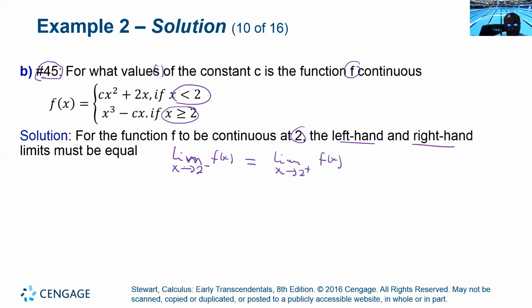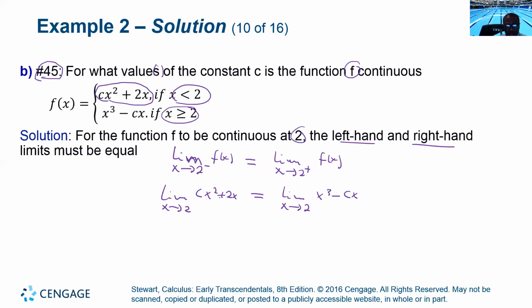If I look at the left, I'm talking about the top part. So this is the limit as x approaches 2 of cx squared plus 2x. It must be equal to the limit as x approaches 2 of f of x, which is the bottom part, x cubed minus cx.